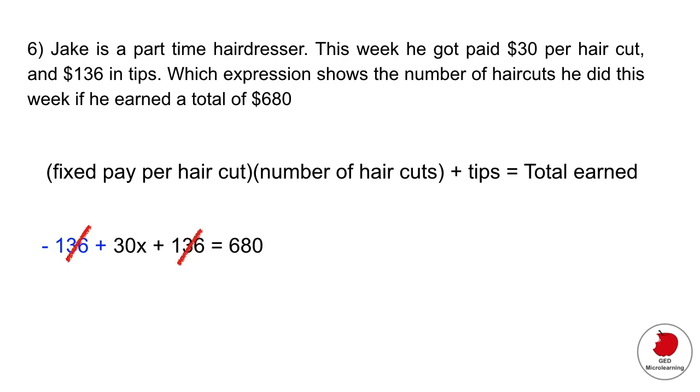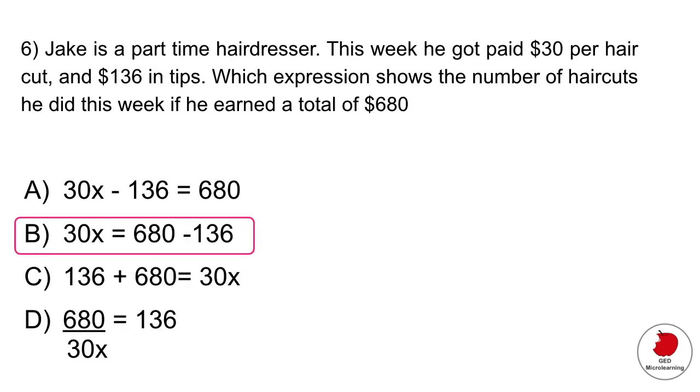Remember, what you do on the left side, you also do on the right side, and that gives you 30x is equal to 680 minus 136, which you notice is option B. Okay, so this question just involved you going a little step further to get the correct setup that they had put there in the answer option.